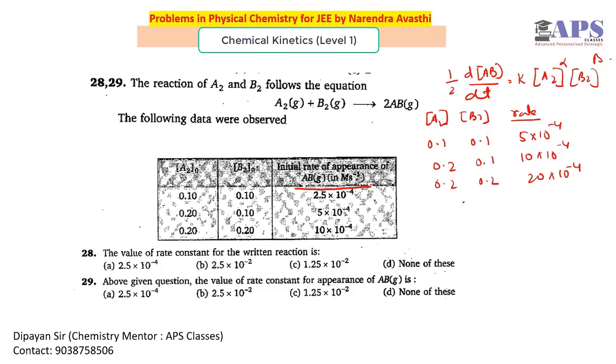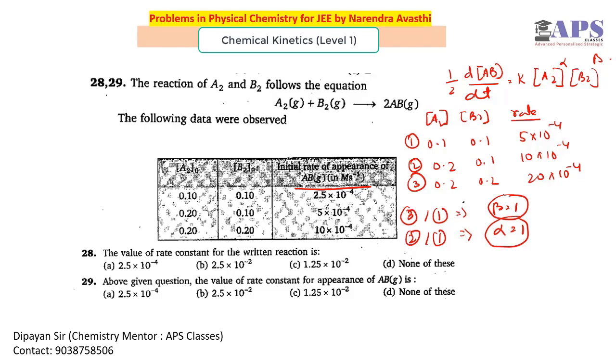So this is reaction 1, reaction 2, reaction 3. If we divide 3 by 1, we will get beta value equal to 1, and if we divide 2 by 1, we will get alpha value equal to 1. So the order of the reaction with respect to A is 1 and B is also 1.